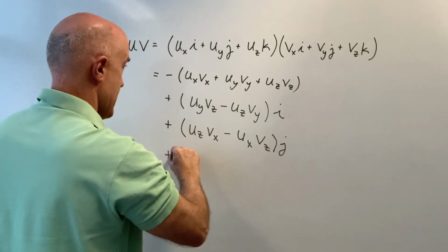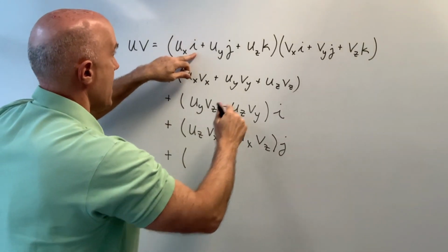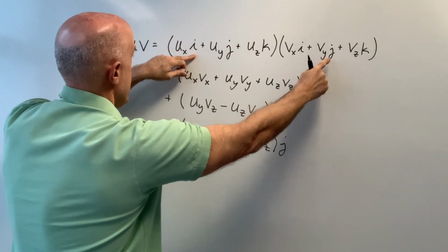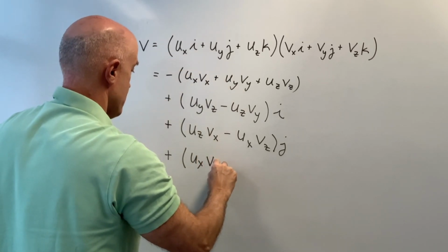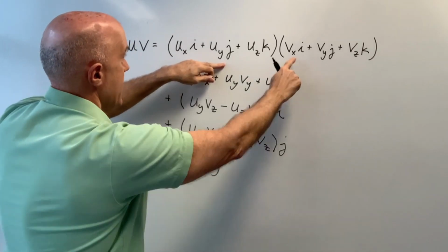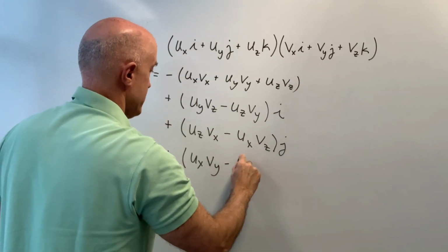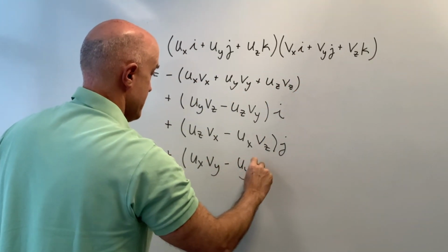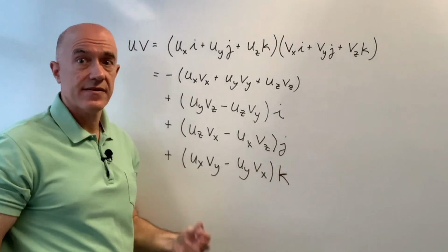Finally, to get the k term, we multiply i times j gives us k, so that will be ux vy, and then j times i gives us negative k, so that will be minus uy vx, and that's k.